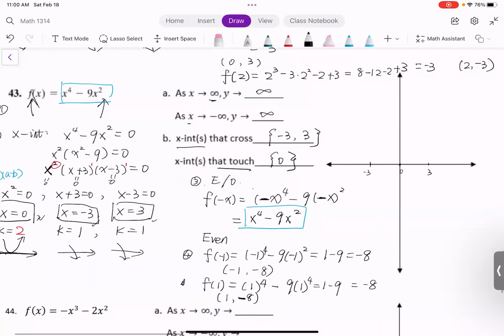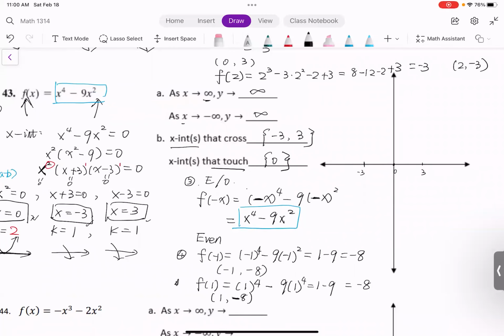Okay, let's put all the information in the graph. First, the two end behaviors: both sides are going up. So I put go up. And second, we plot the 3 key points. At x equals -3, k is 1, so go cross it.